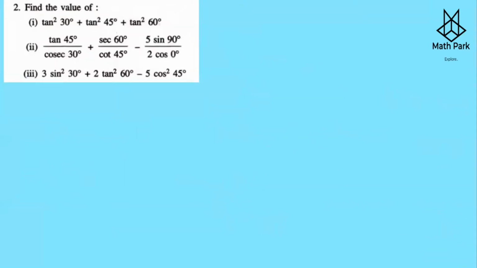Moving to question number 2. Find the value of tan square 30 plus tan square 45 plus tan square 60. So tan 30 is 1 upon root 3. So tan square 30 is 1 upon root 3 square. Tan 45 is 1, so 1 square. And tan 60 is root 3, so root 3 square.